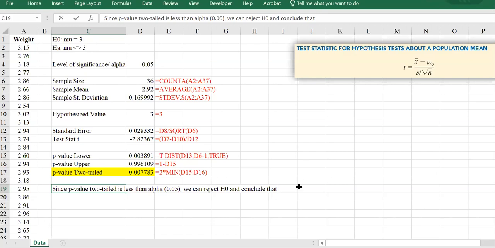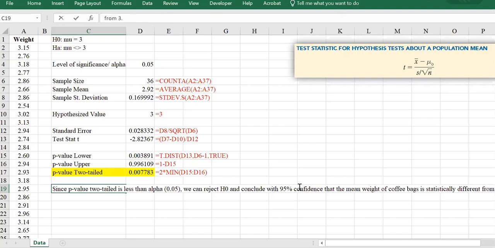Since the p-value two-tailed is less than alpha, we reject the null hypothesis and conclude with 95% confidence that the average weight, or mean weight, of coffee bags is not equal to 3, or statistically different from 3.